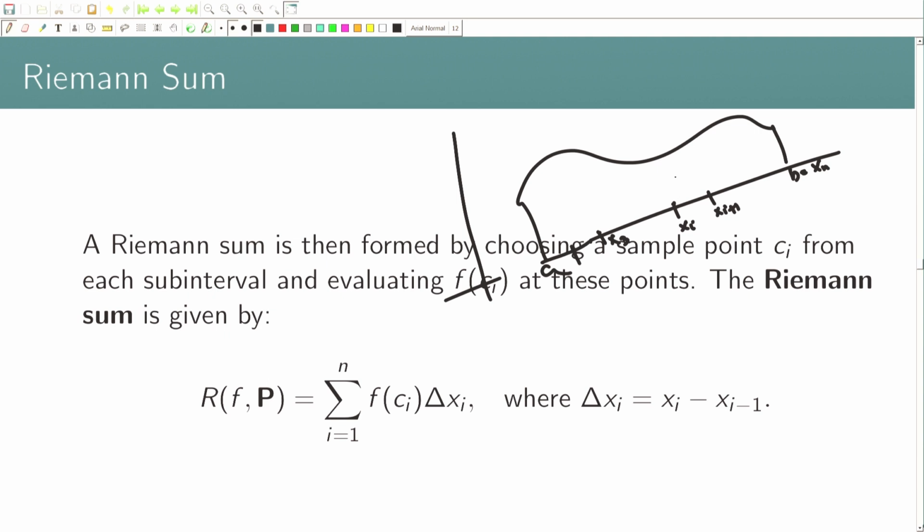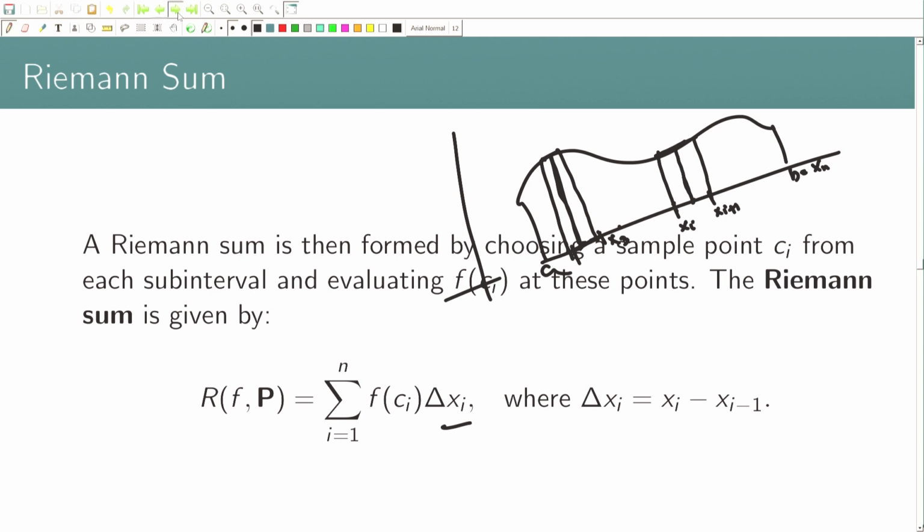Now you choose any point c i here, and at this point you take this rectangle, and similarly you choose any point over here, consider all these rectangles, and keep on doing it. So now you get the Riemann sum, which is essentially the rectangle here, with width delta x i and the height of the rectangle f of c i. I am choosing here a non-negative function for my picture.